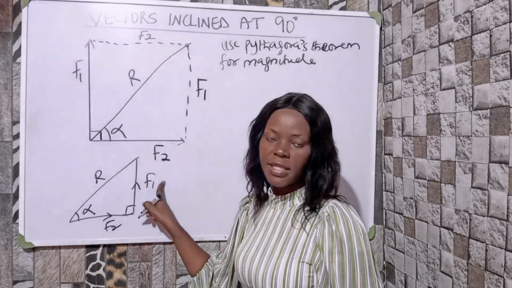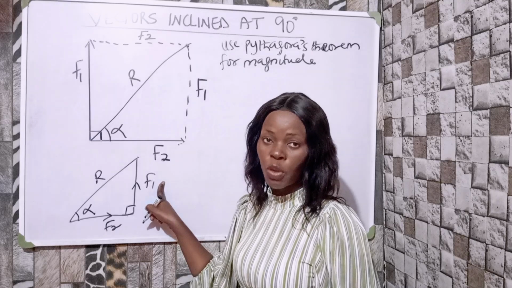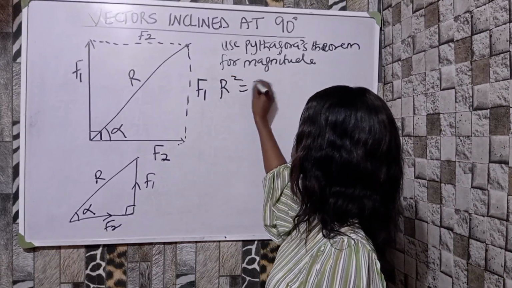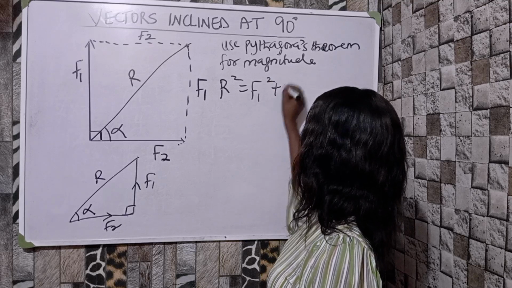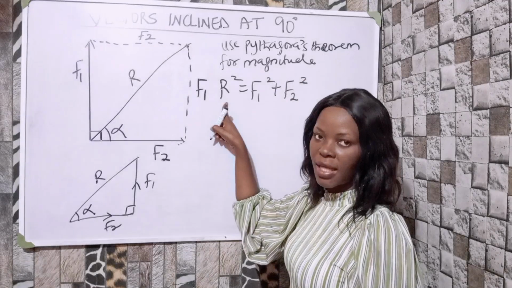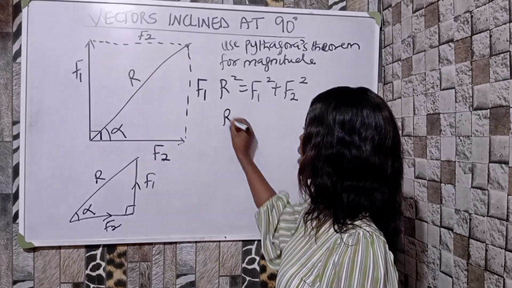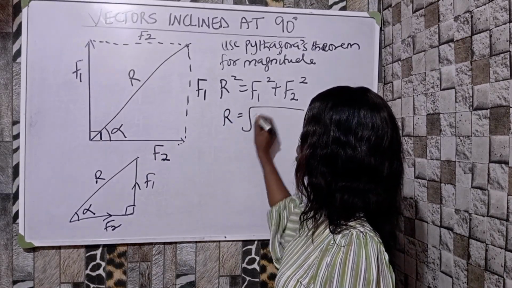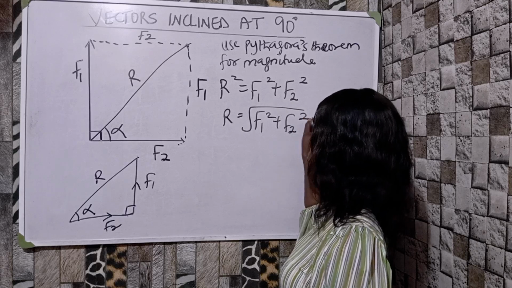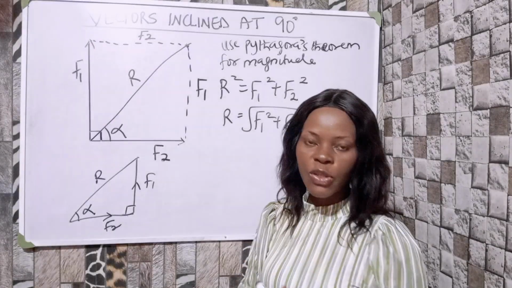Because this angle is facing F1, that is why it is said to be opposite. So we have R square is equal to F1 square plus F2 square. Because you're looking for the resultant R, you are going to say R is equal to root of F1 square plus F2 square. Now this is how we can get the resultant.